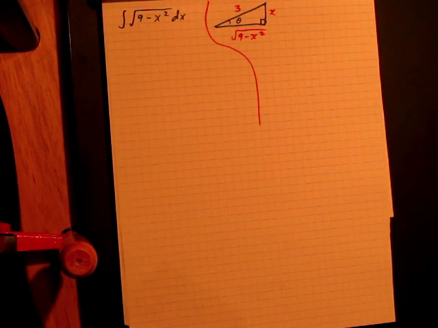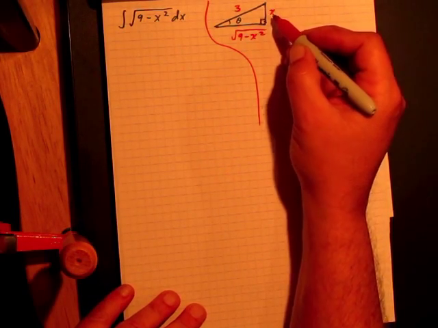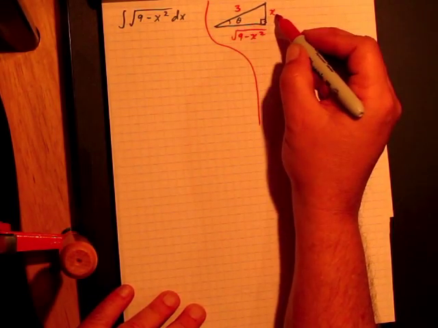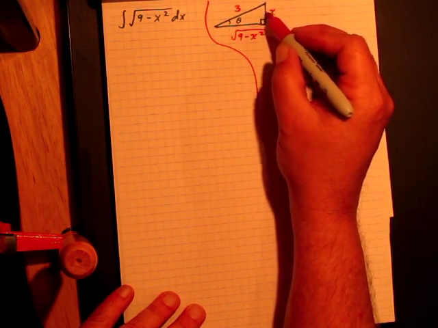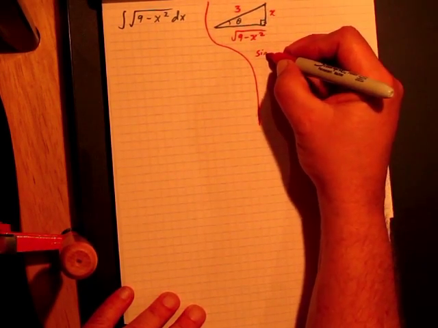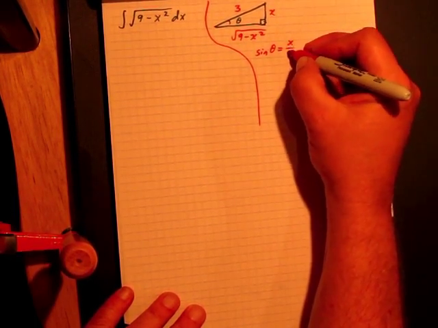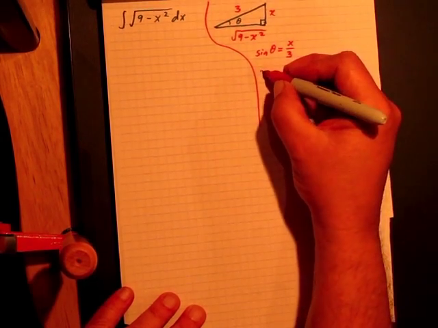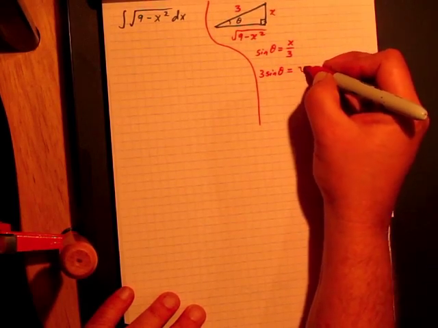Now I'm going to find the value of x. X is the opposite, and I wanted to use it with a constant. So opposite over hypotenuse is sine. Sine of theta is opposite over hypotenuse. So 3 sine theta will equal x.